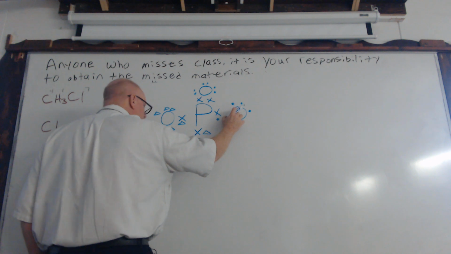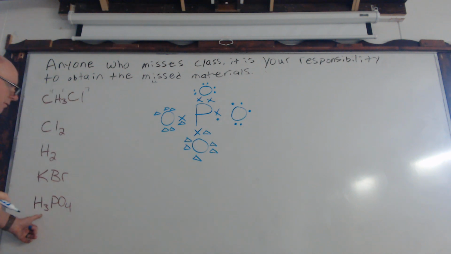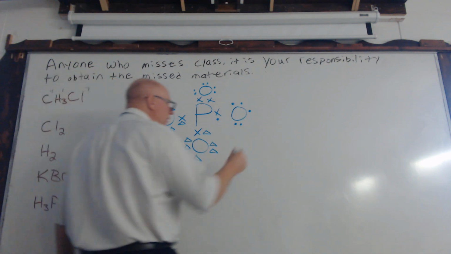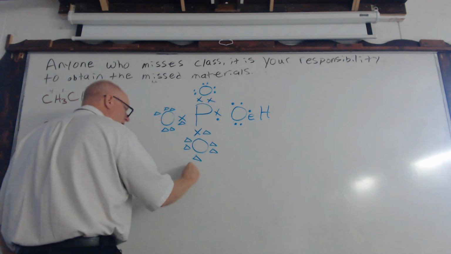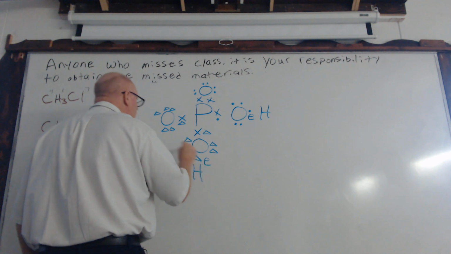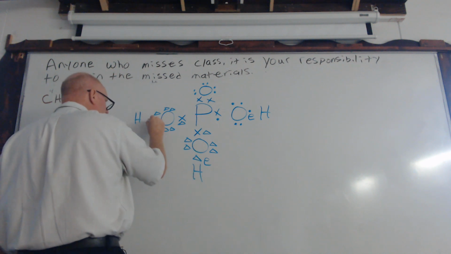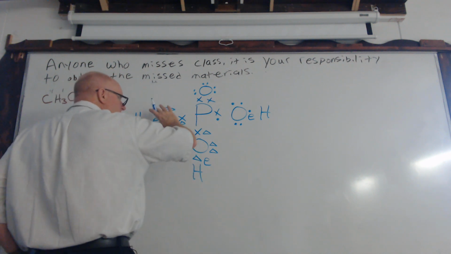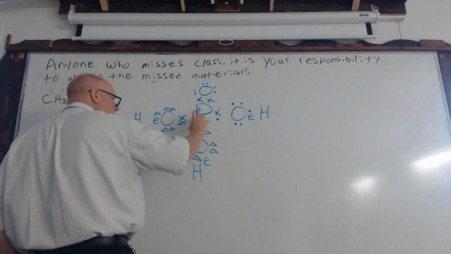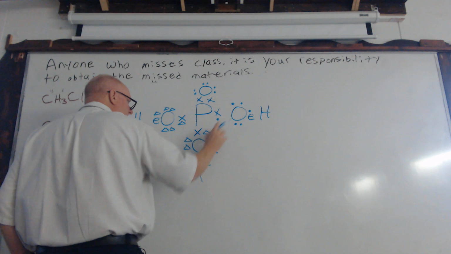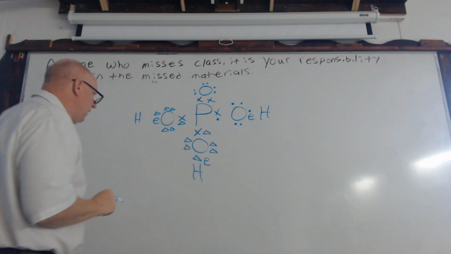It's 1 short, but notice we still have these 3 hydrogens left, so we can add a hydrogen here, a hydrogen down here, then a hydrogen over there. And therefore now we know that each one of these has to be satisfied, because the phosphorus has 8 around it and each one of those oxygens has 8 around it.